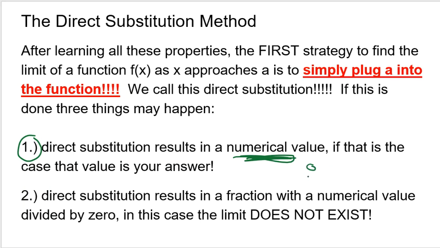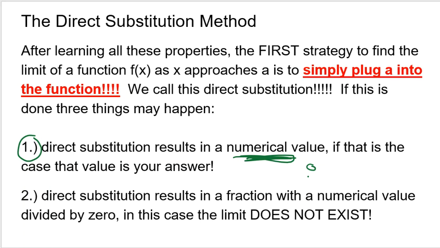A lot of kids get 0 and panic. They don't know what to do. 0 is a number just like 5 or 6. If you plug in a and get a numerical value out, that is your answer. That simply means that you were continuous at a. There were no jumps, no vertical asymptotes, no holes. You were good to go.